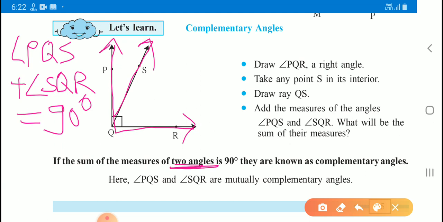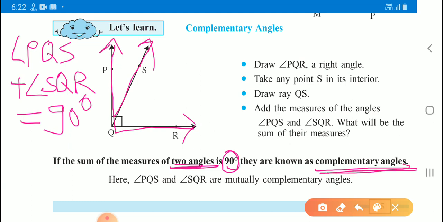Two angles, not only one angle. If the measure of one angle is 90 degrees, then that angle is known as a right angle. Here, the sum of the measures of two angles is 90 degrees, so they are known as complementary angles.